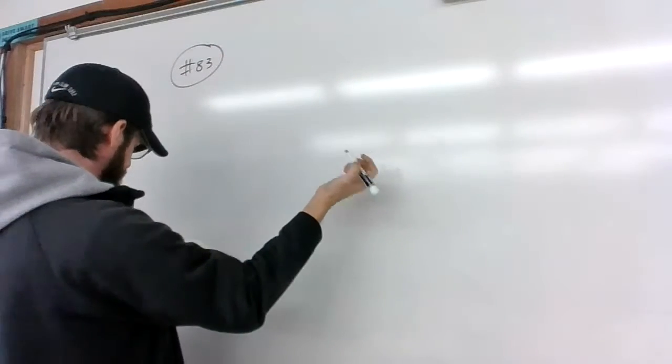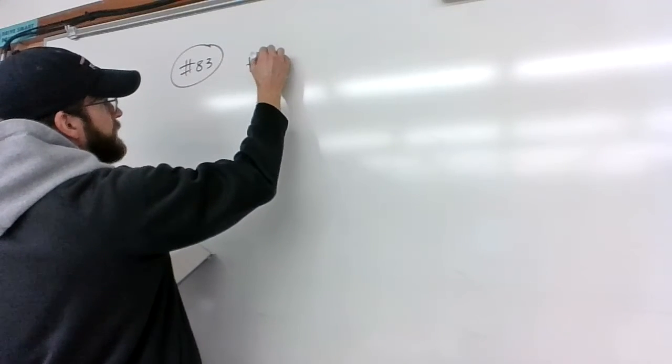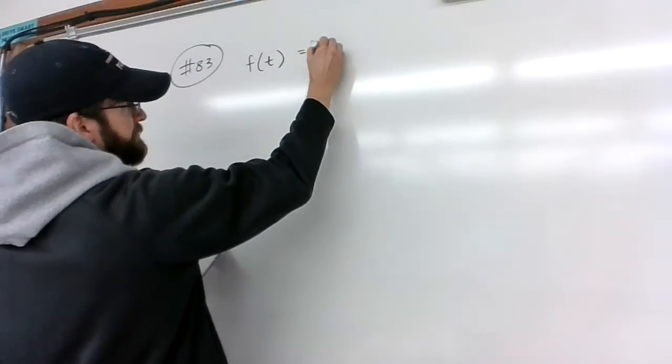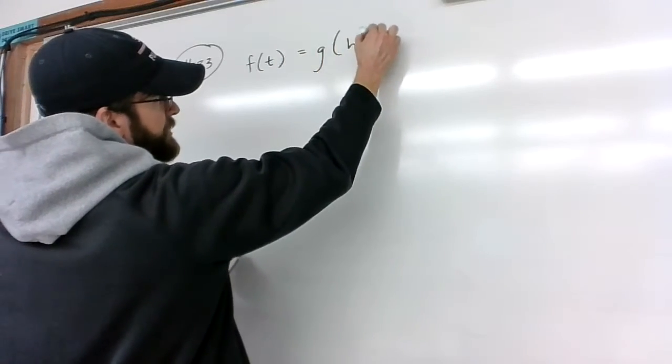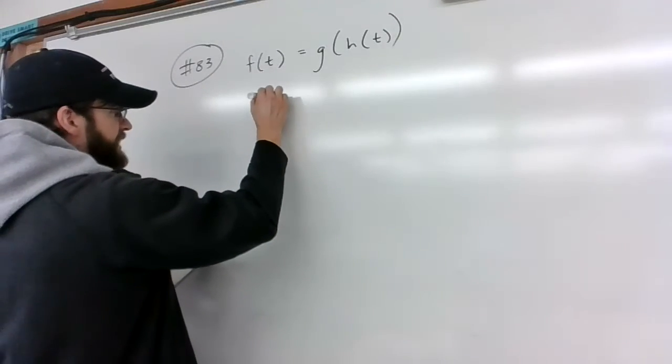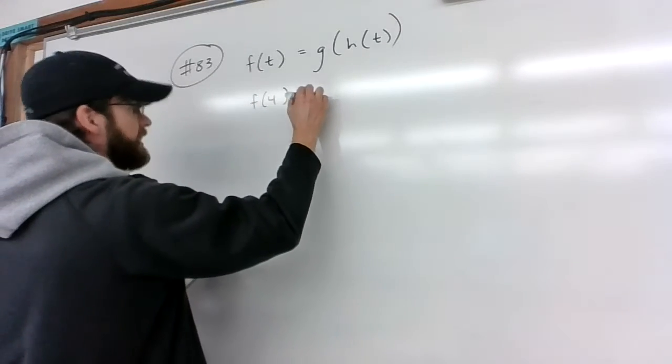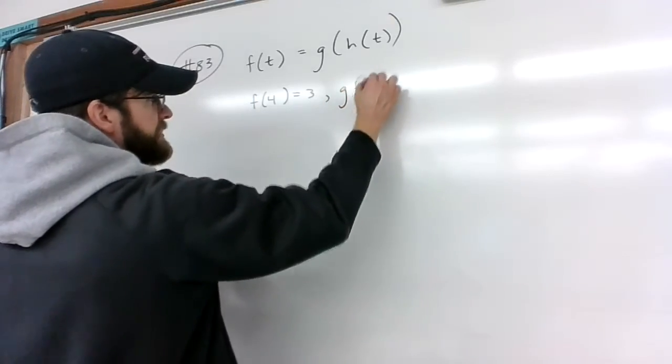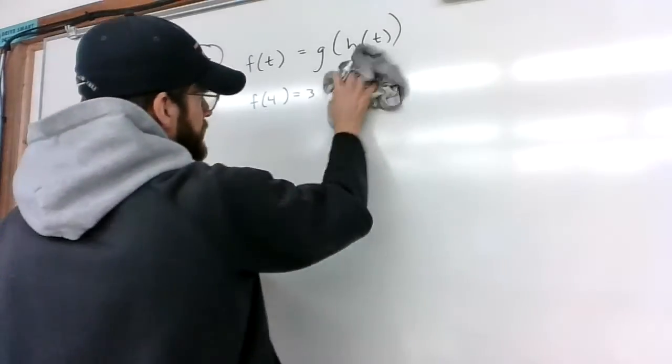So here are the givens. H of t is given as a composite function, which is no big deal for us. We've been talking about chain rule in those terms. They're telling us f of 4 is equal to 3. G of 4 is equal, you know what? I kind of like looking at this vertically.